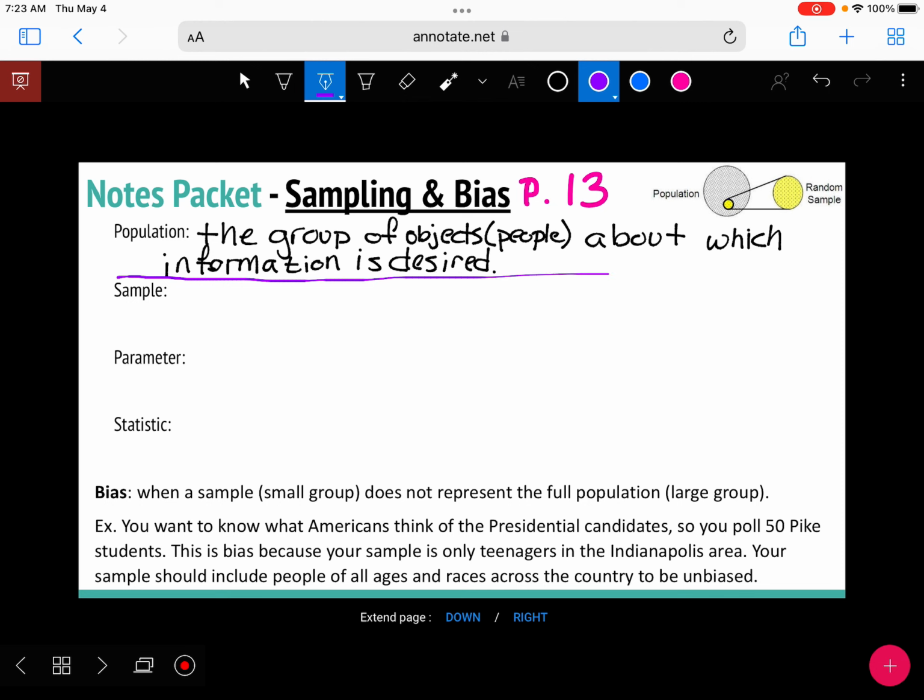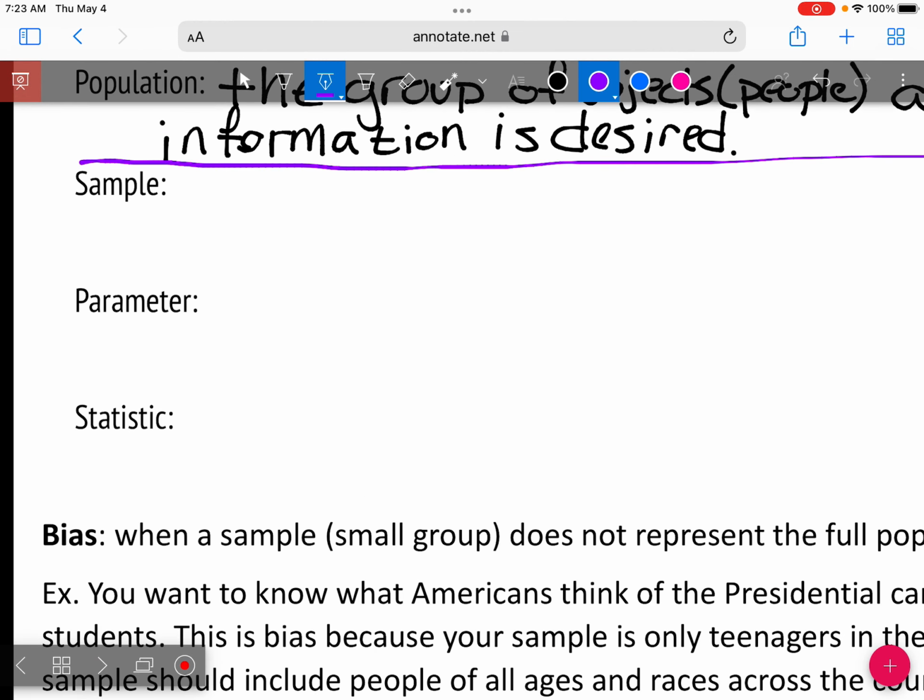Our sample is a subset from within the population.